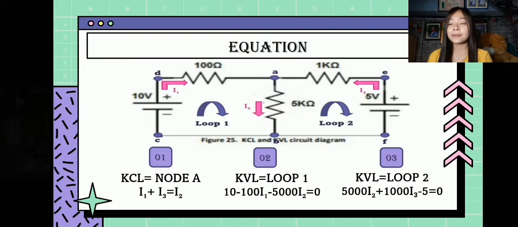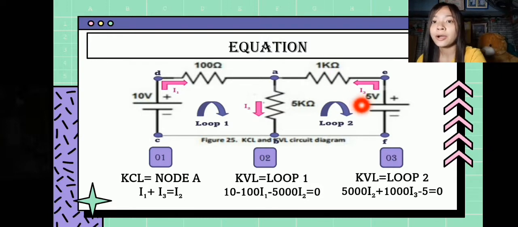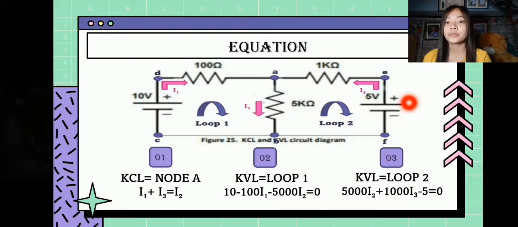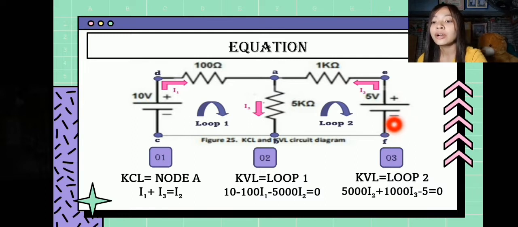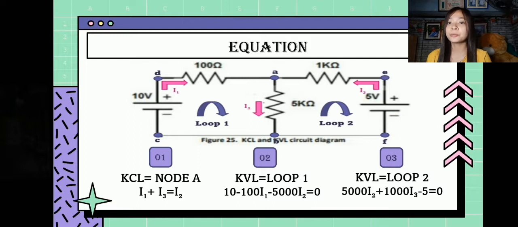And the next pass we will enter is the voltage of positive. And we will exit into negative voltage. So, our sign will be negative 5. And since we are at the end, we have no direction to go. So, we will return to B. Therefore, we will equate them into 0.